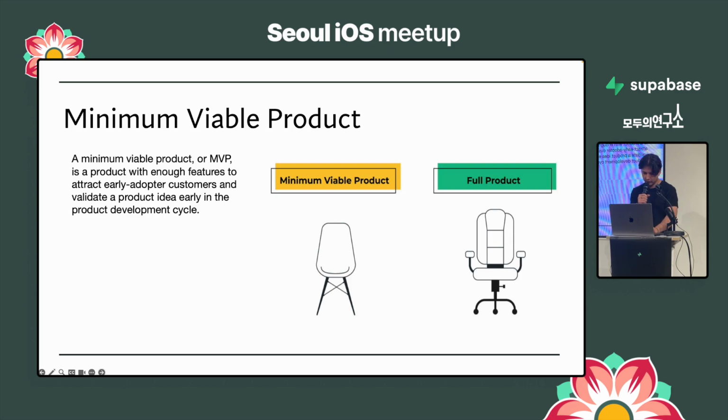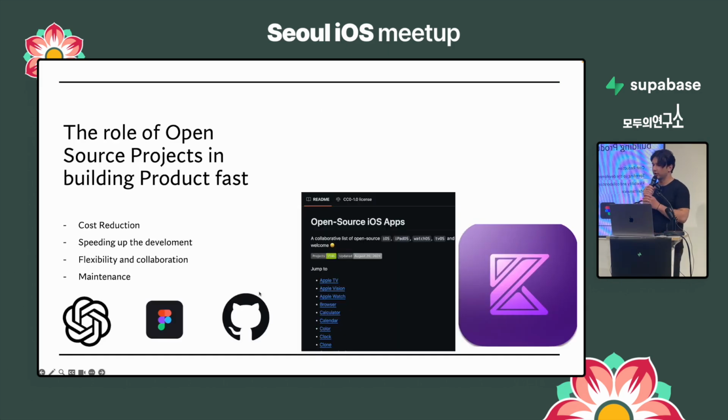Okay, we will talk about the role of open source projects in building projects. So open source, in terms of iOS programming, or overall product building, the role of it, the perspectives come in 3 or 4 ways, and it's just most combinations.